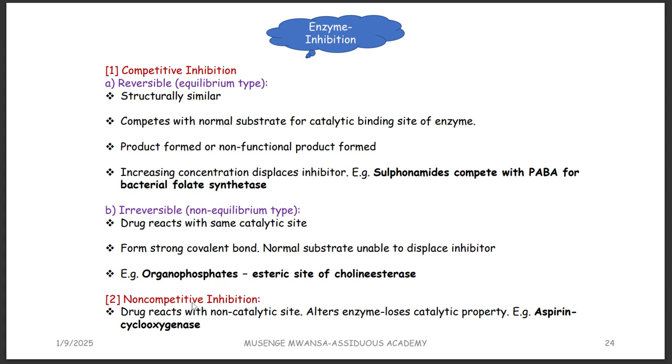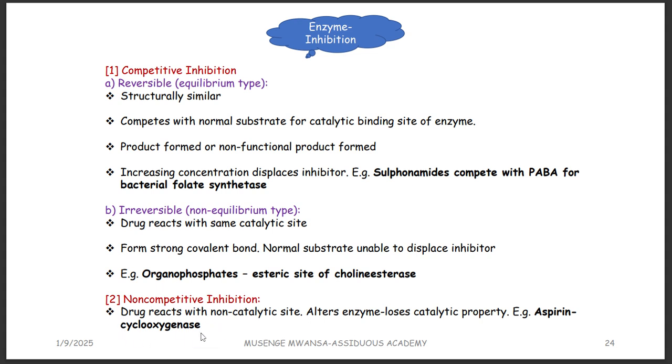Non-competitive inhibitors, these are the drugs that will bind to the non-catalytic site. For example, aspirin binds to the cyclooxygenase. The cyclooxygenase or the COX enzyme is an enzyme that is used in the production of the prostaglandins and the leukotrienes.